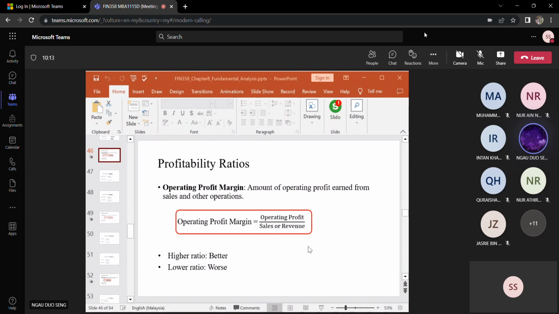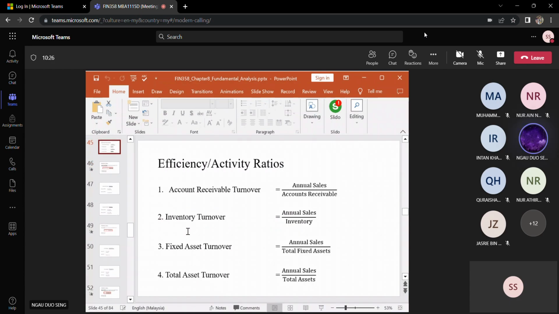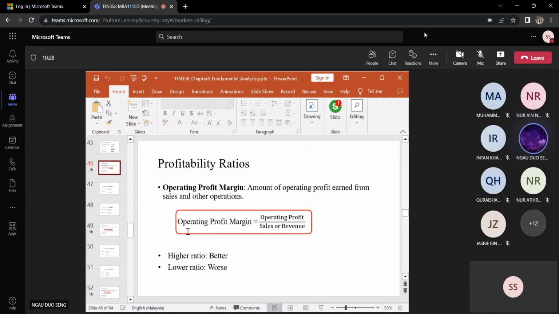Alright, check again. Kita dah stop sampai sini, right? Profitability ratio betul tak? So we have done efficiency or activity ratio betul. So we stop.